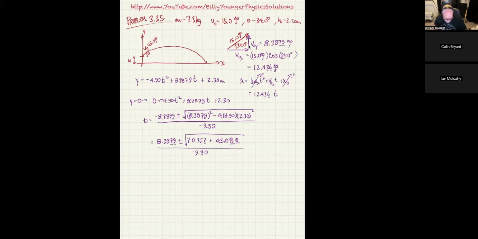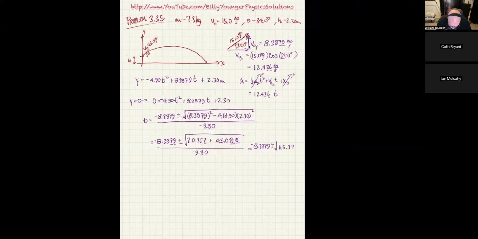So now I've got 70.357 plus 45.08 gives me 115.37. That was supposed to be a negative 8, by the way, negative b. So that's negative 8.3879 plus or minus the square root of 115.37.